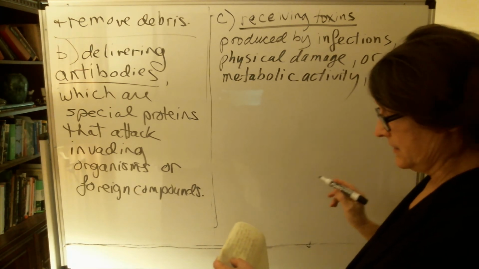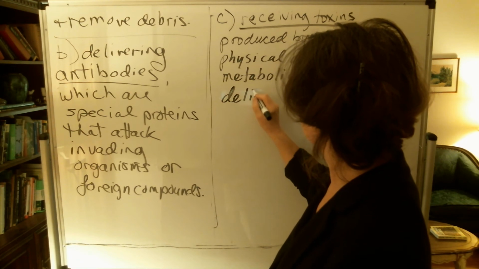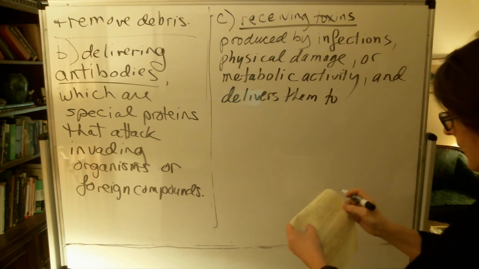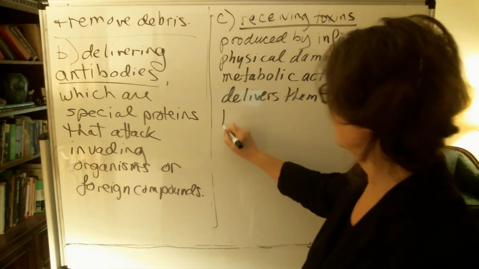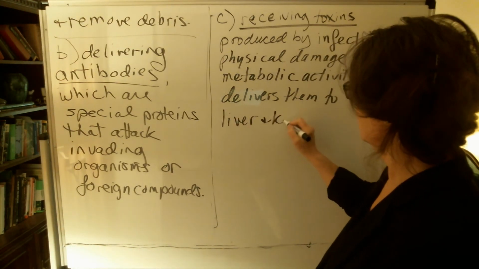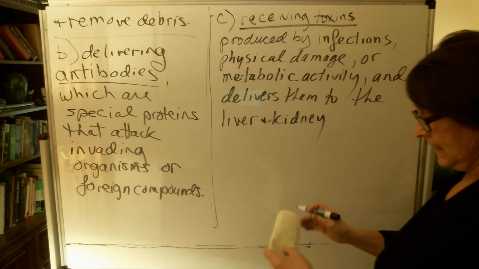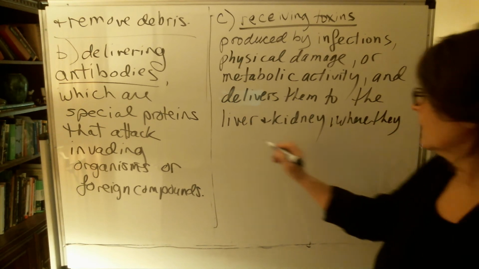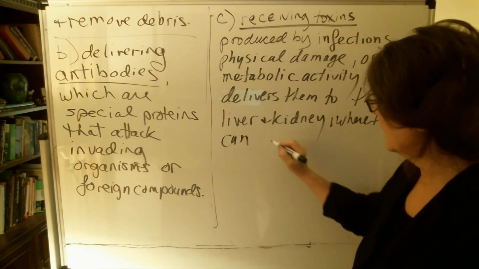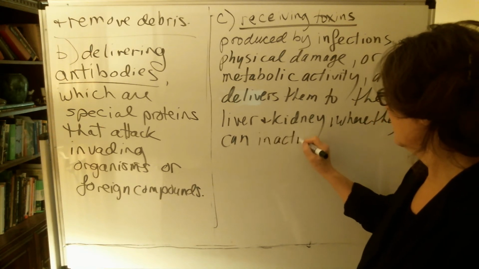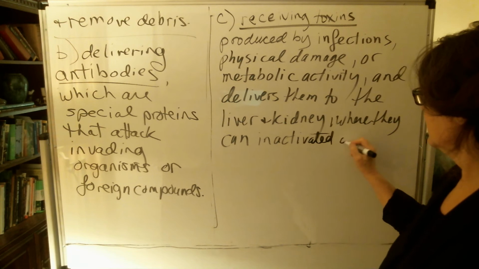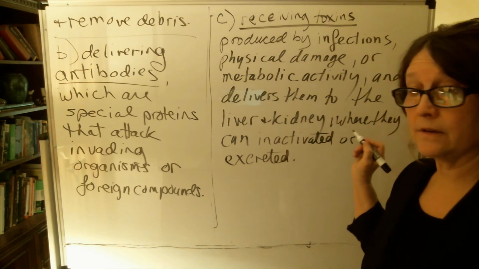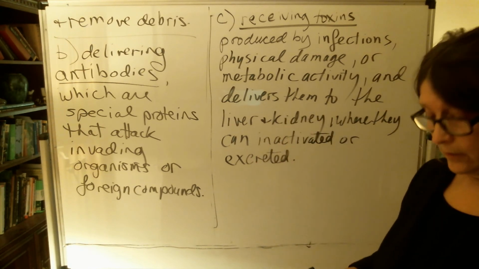So it receives those toxins and then delivers them to the liver and the kidney, where they can be inactivated or excreted. So it washes poisons away, brings the poisons to where they can be dealt with.